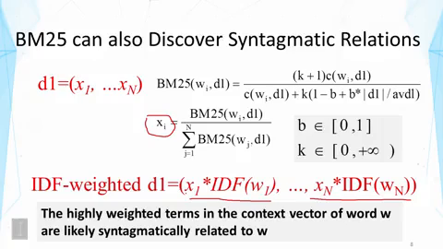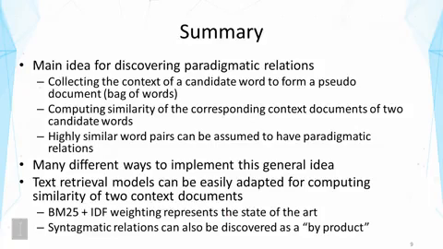So to summarize, the main idea for discovering paradigmatic relations is to collect the context of a candidate word to form a pseudo-document. And this is typically represented as a bag of words. And then compute the similarity of the corresponding context documents of two candidate words. And then we can take the highly similar word pairs and treat them as having paradigmatic relations.